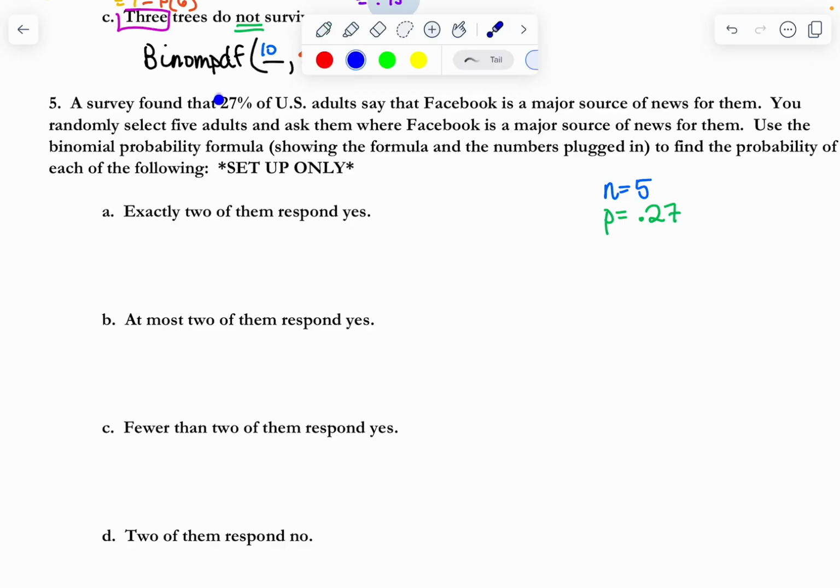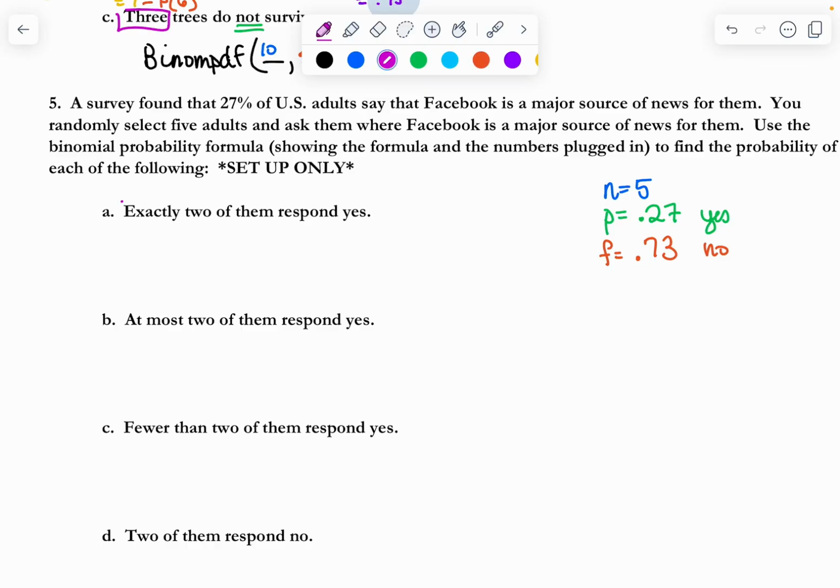Which means the complement, if they ask us about no, the probability that they said no is 0.73.